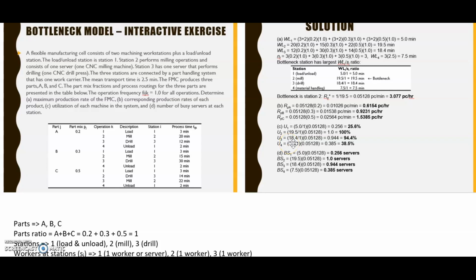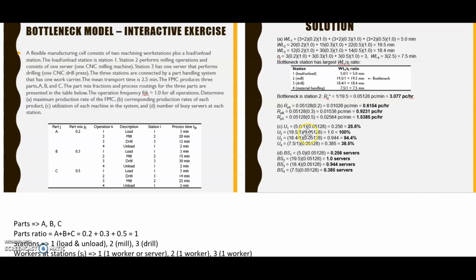Station 3 is 18.4 divided by 1 times 0.05128, and the last one is 7.5 divided by 1 times 0.05128. The 1 is the number of workers, which is 1 for all stations.